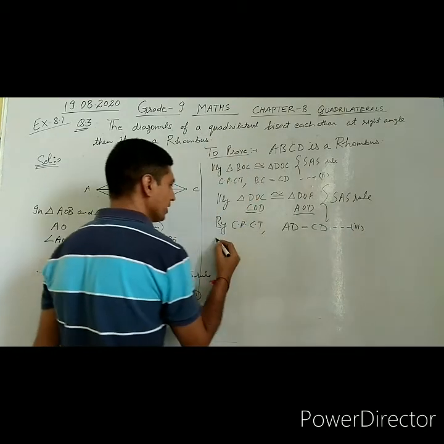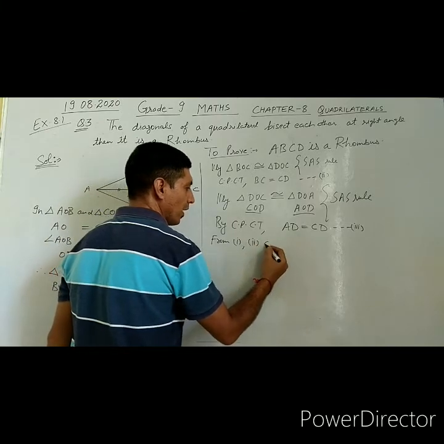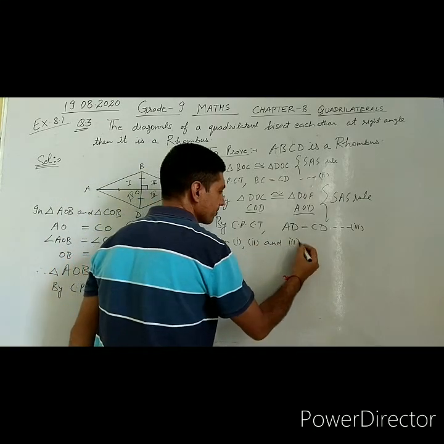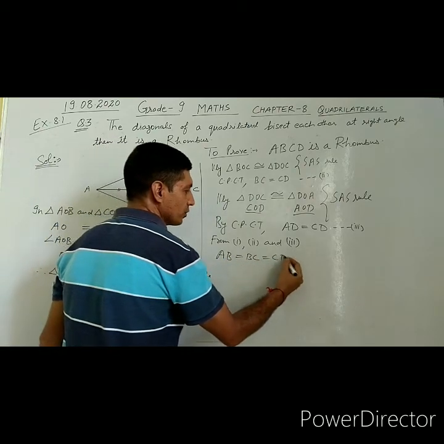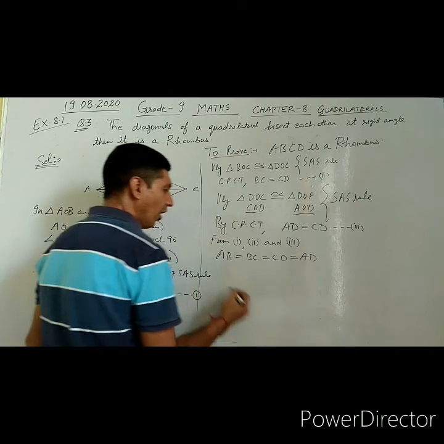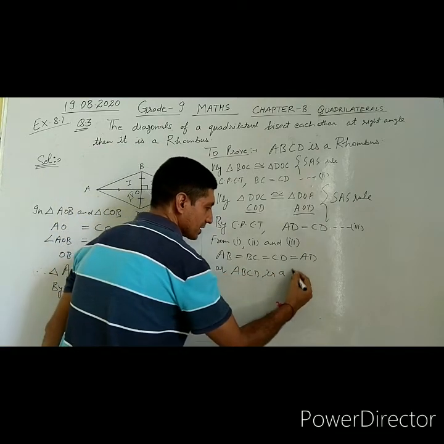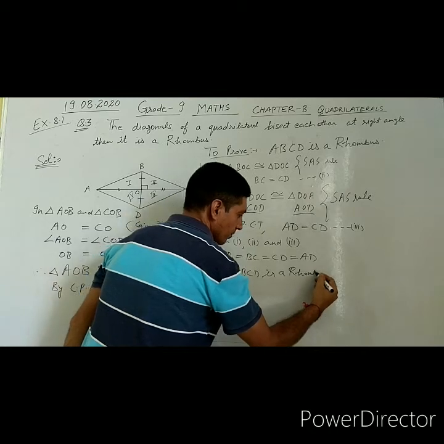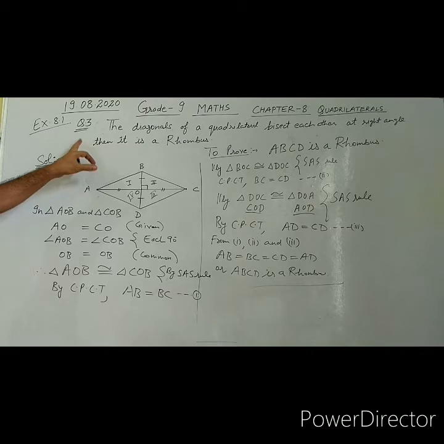From equations 1, 2 and 3, we have AB equal to BC equal to CD equal to AD. Or you can write that ABCD is a rhombus. Right? So this is all about question number 3.